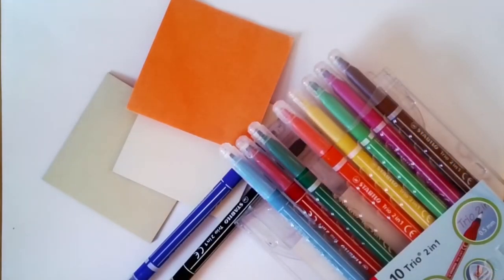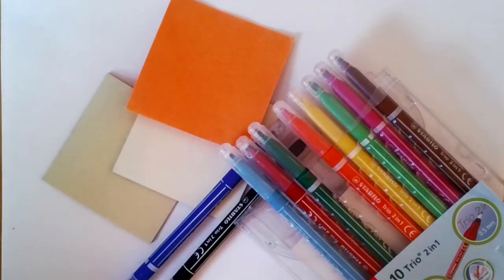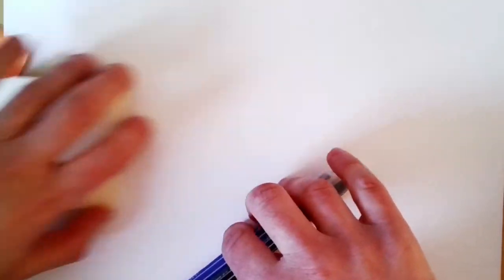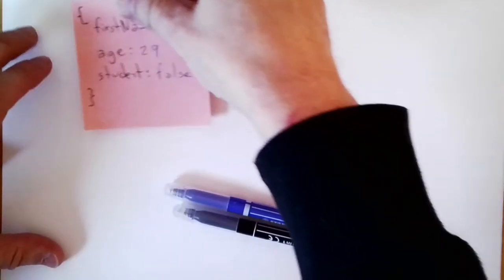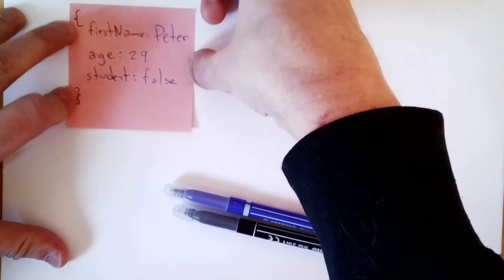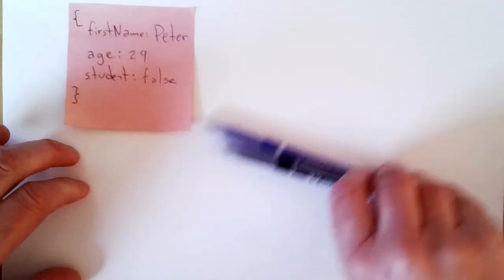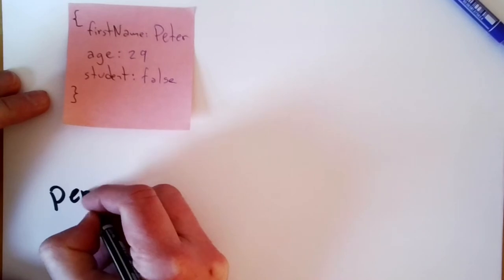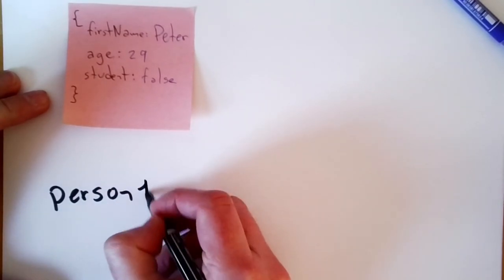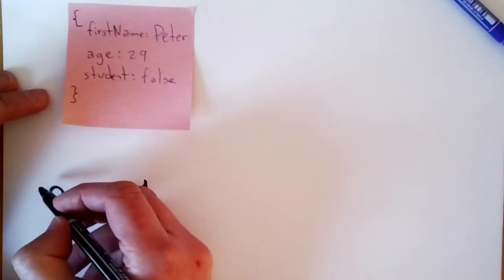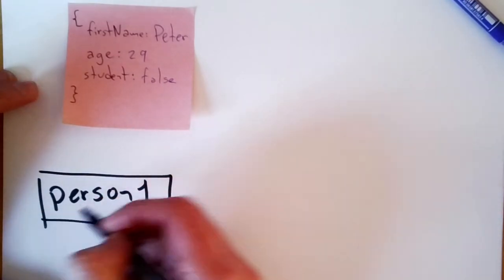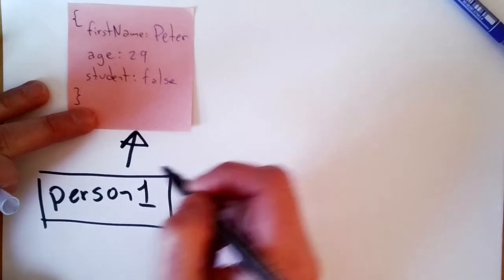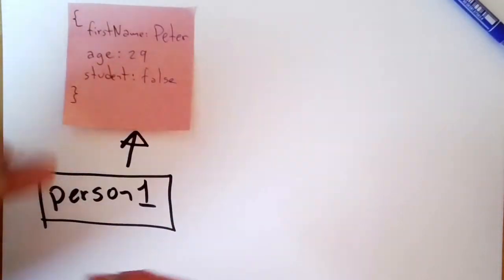Maybe it'll be easier to grasp this concept if we bring it out into the physical world. So I've got some pen and paper here, and let's just say here is our first object with first name Peter, and we have our variable, our person 1, and that variable references this object. So person 1 is referencing this object.